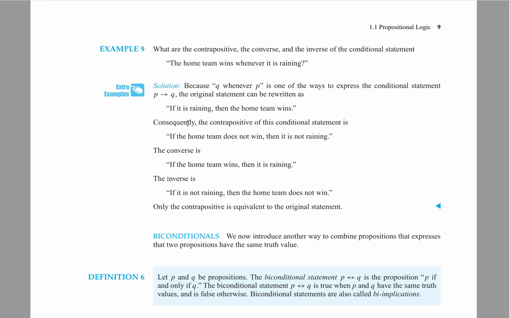All right, so the contrapositive is not Q implies not P. So here's the Q. So if the home team does not win, then it is not raining. So that's the contrapositive. Not Q implies not P.